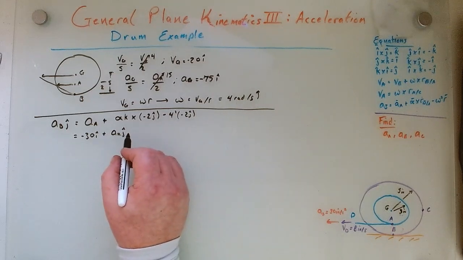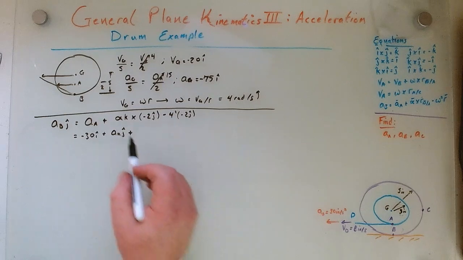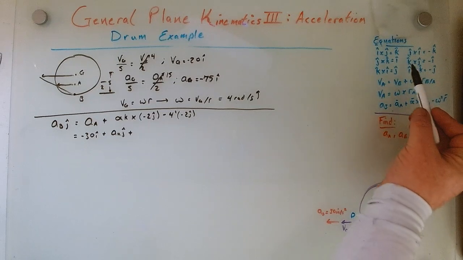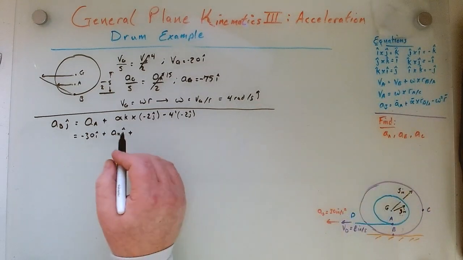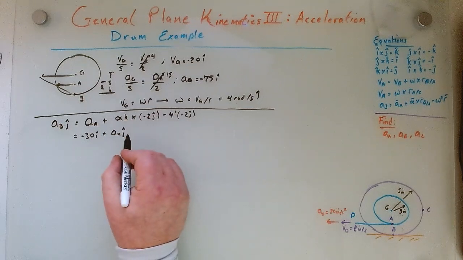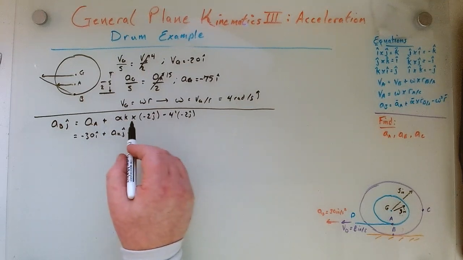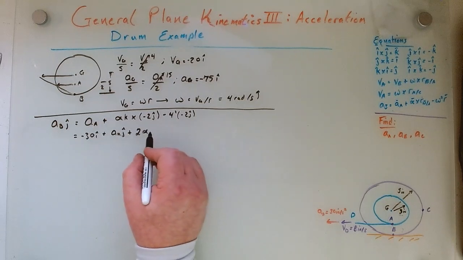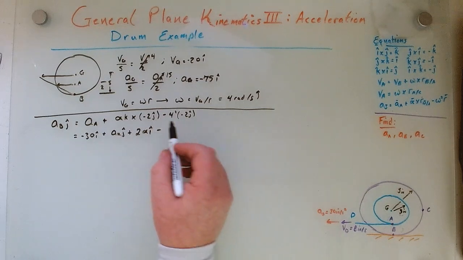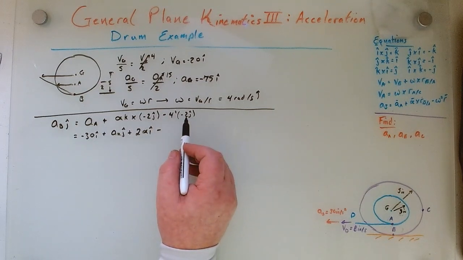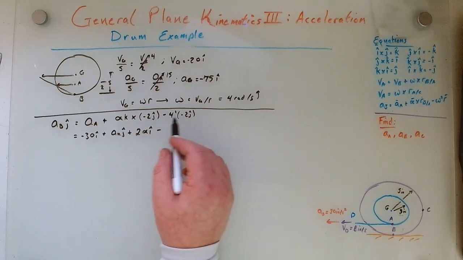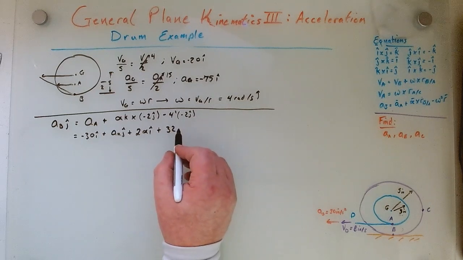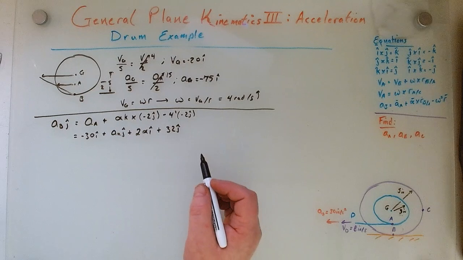And then plus alpha: k cross j is negative i, so minus 2 alpha, but this is already negative, so it's going to be plus 2 alpha in the I direction. Minus, and then 16 times 2 is 32, and negative times a negative is a positive, so plus 32j. And that is our acceleration in B.